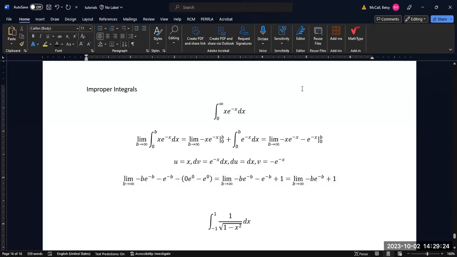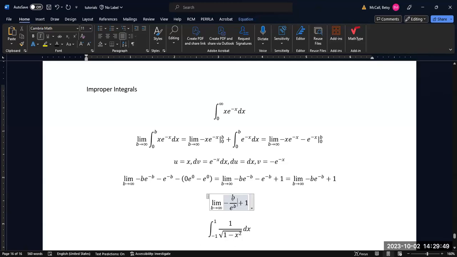So we can think about it this way. This is going to be b over e to the b in the denominator. And again, the plus 1 doesn't do anything.